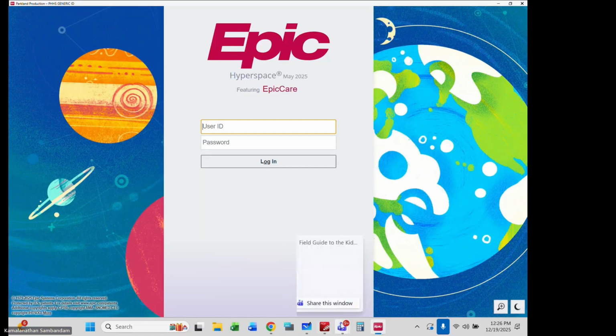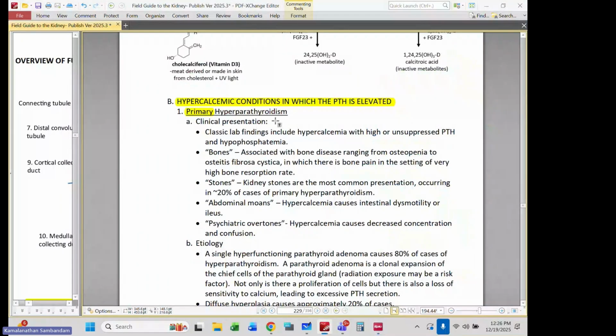And that's a common way that primary hyperparathyroidism presents, without an overtly abnormal parathyroid hormone level, but abnormal in the context of hypercalcemia.